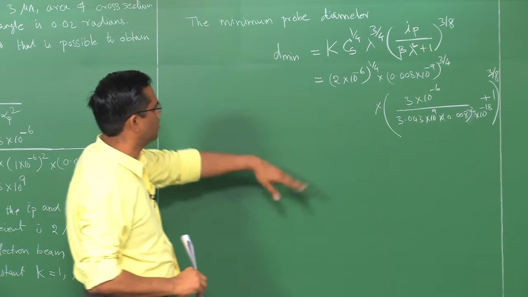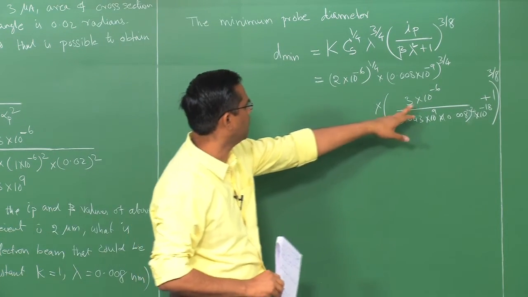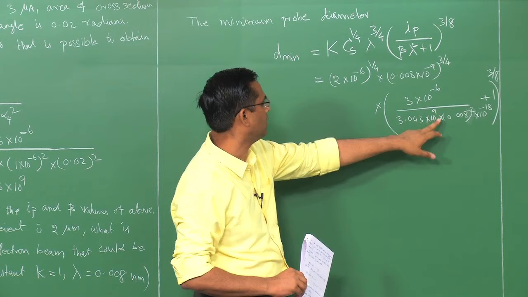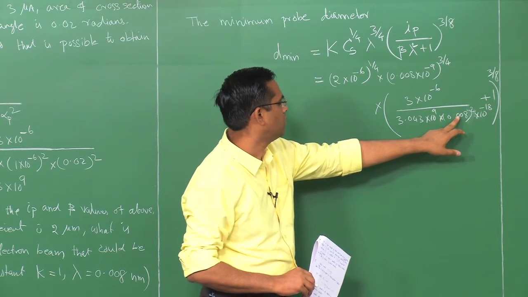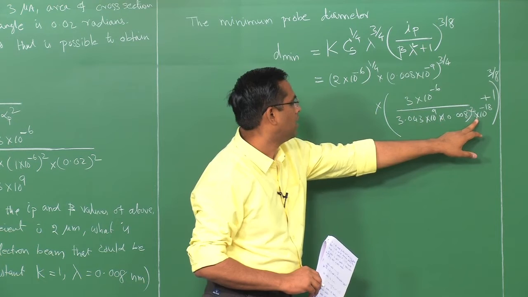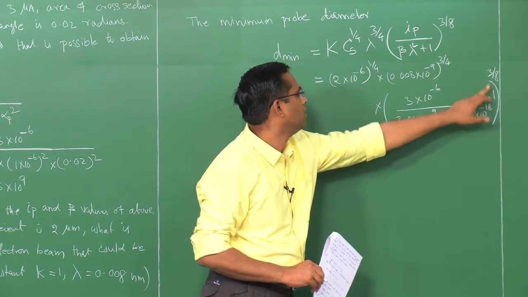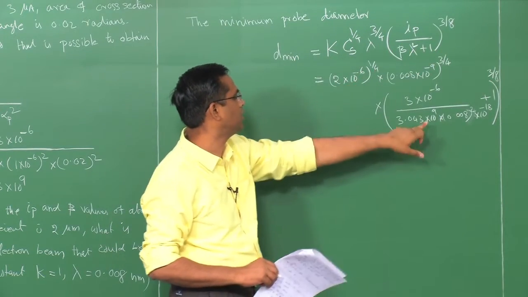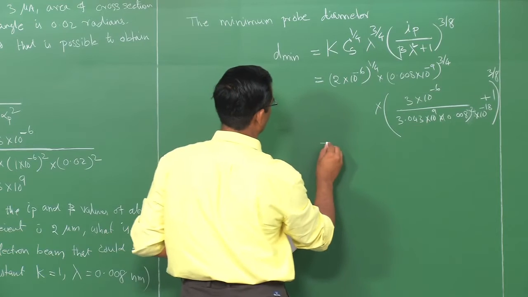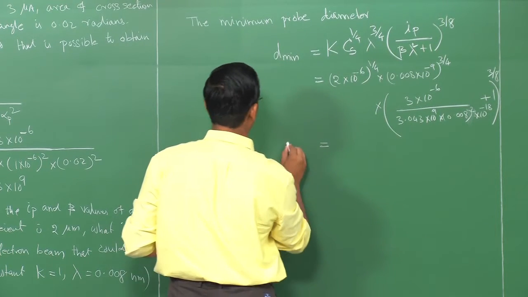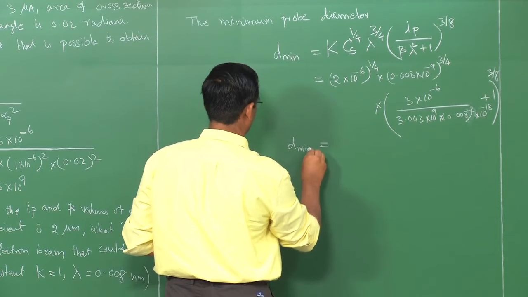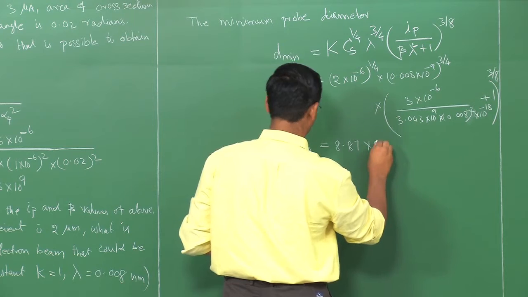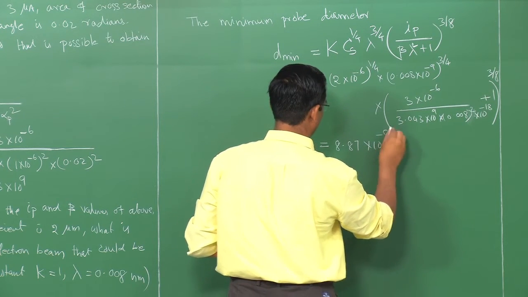This is a simple substitution here. So, 3 times 10 to the power minus 6 divided by 3.043 times 10 to the power 9 times 0.008 square multiplied by 10 to the power minus 8, plus 1, to the power 3 by 8. Basically we substitute this, and you get d minimum equal to 8.87 times 10 to the power minus 8.